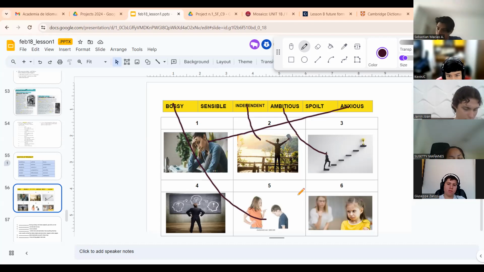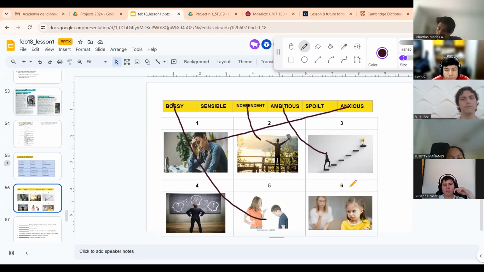And bossy, of course, is number 4. Okay, thank you, Diego. I couldn't find better pictures because some of them could have the same meaning. That will depend on the interpretation that you could have from the pictures.